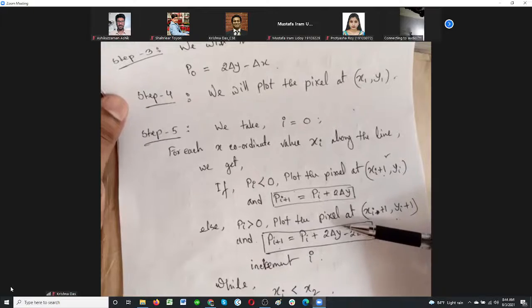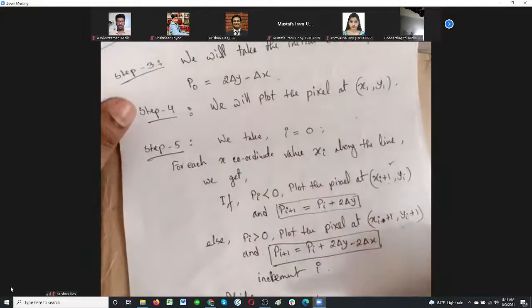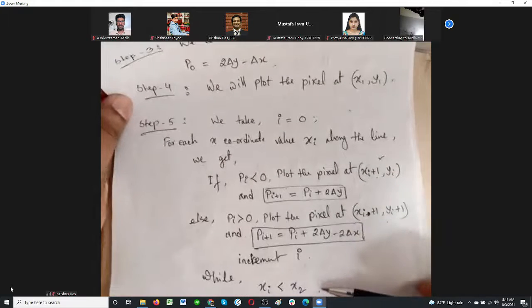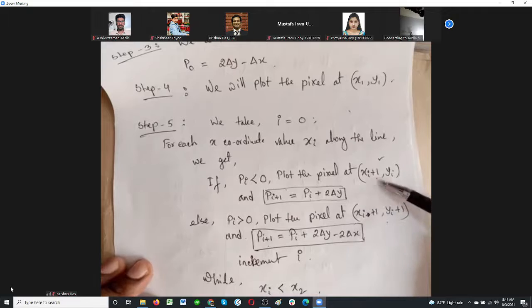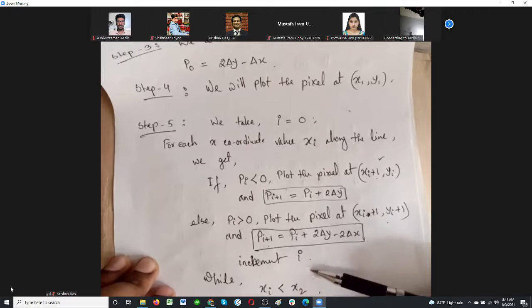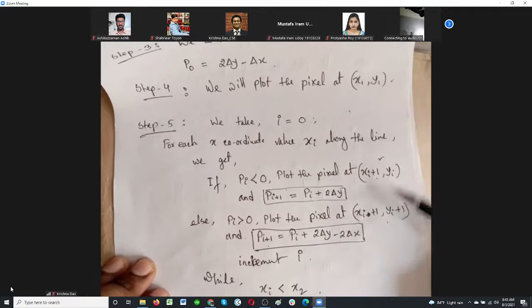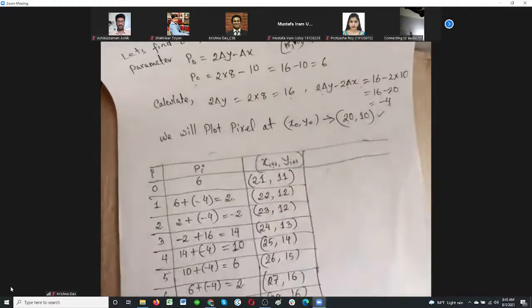Then we get the next decision parameter, and this process continues until the condition we have set: the x of i, the new pixel's coordinate value, must be less than the last coordinate value. When it reaches the last one, our algorithm stops.